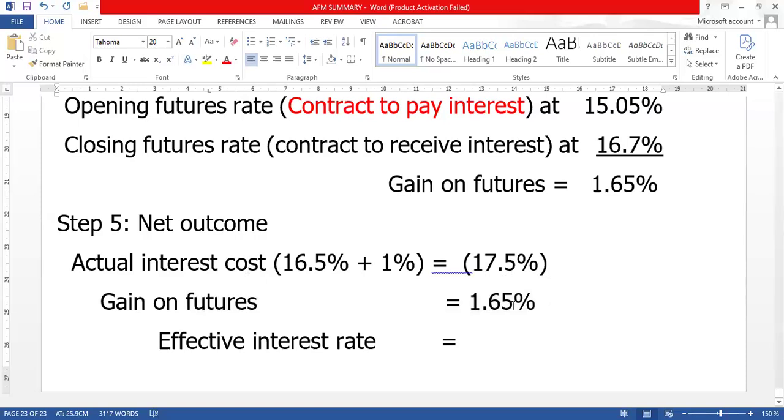So you get what? The difference between these is 15.85%. So that is your effective interest rate.